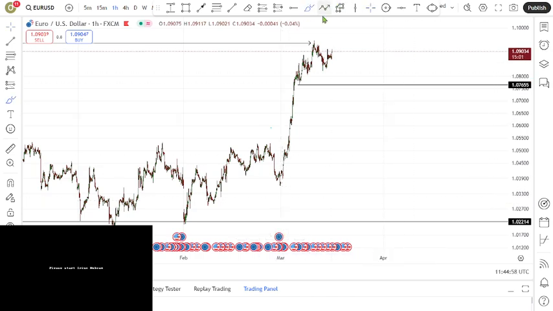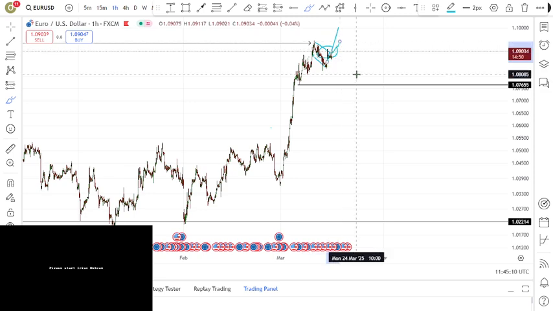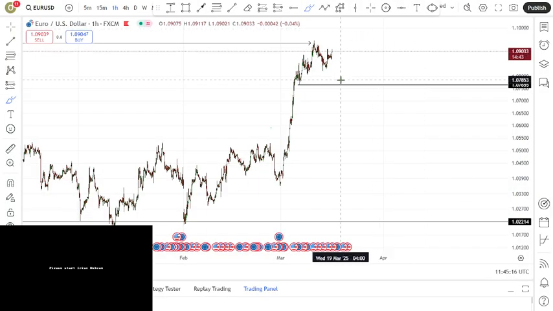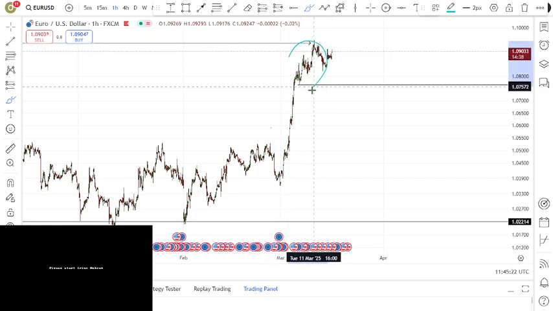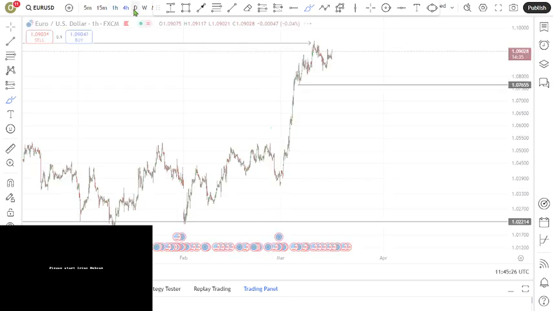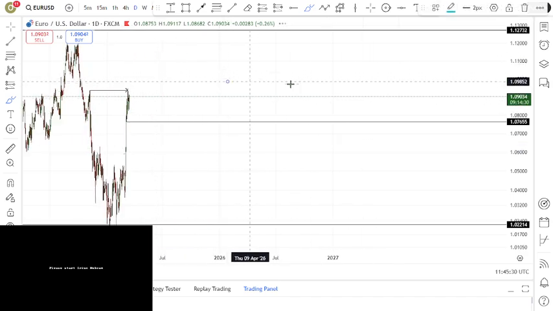Now, can this be a correction with an entry to continue the move? It can. By the way, I won't take this trade because it is not a footprint entry, and it doesn't inform any kind of tradable pattern there on the 1 hour. When I zoom out to the daily, it informs me of something at an inflection point.